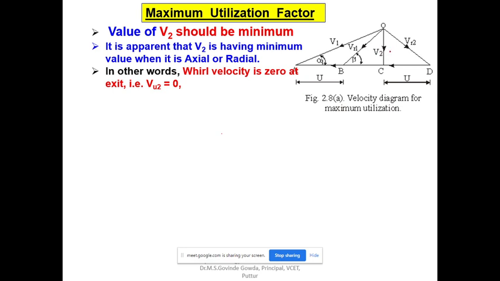You can see here that this is V2 equal to VF2 and this is beta 2. This is U, and this will be our VW1. So this is the maximum utilization factor velocity triangle.